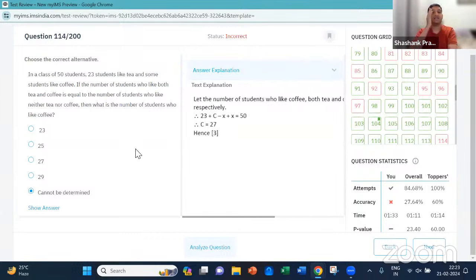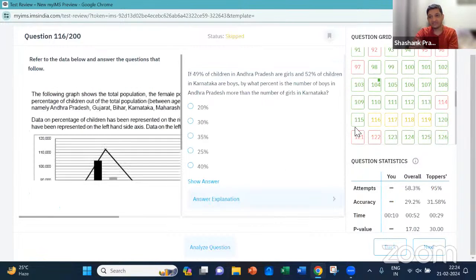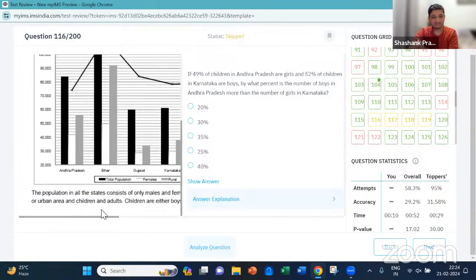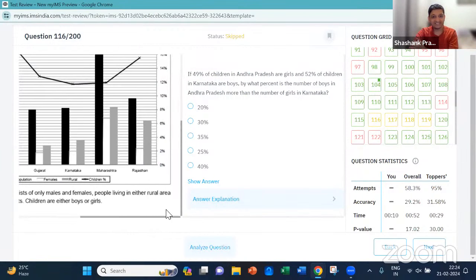Oh, I missed this. Yeah. So the entire circle will be C. So like coffee पूछा हुआ है ना, so I did not have to find the value of y. I had to find the value of x plus y. X plus y would have been 27. Yeah. Nice. ठीक. 114.